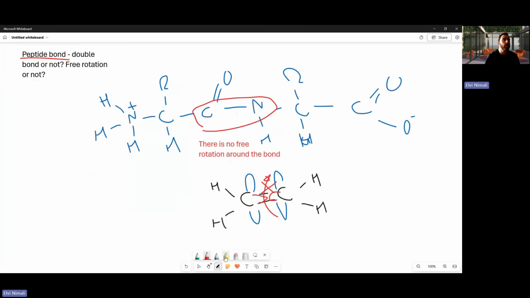Now, again, you have to try and visualize this molecule in 3D space. What we have here is a pi bond. Remember, a pi bond is one of the two parts that makes up a double bond, and your pi orbitals exist above and below the plane of the sigma bond. You also have a lone pair on this nitrogen. So what I want you to imagine is that this whole system is almost interacting in the same plane.